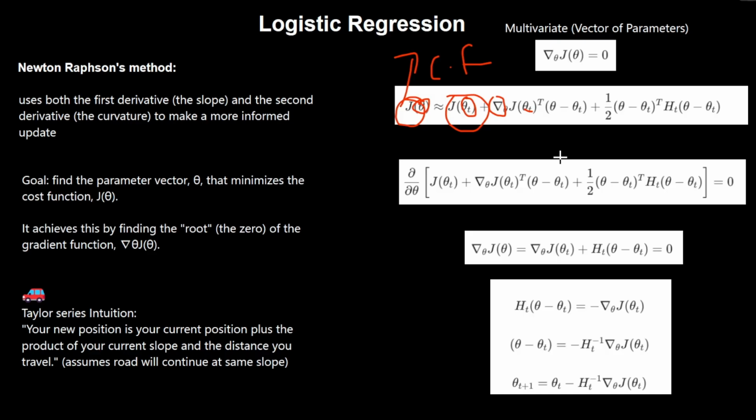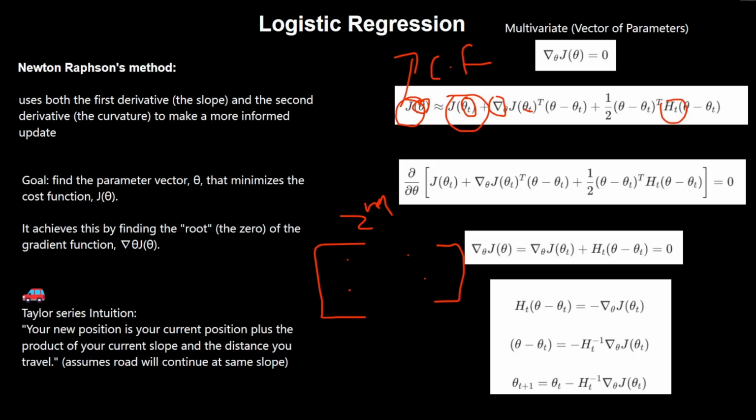Another constant here is H t, which is the Hessian matrix. The t represents that it is calculated at a known point theta t. This matrix has elements where every element represents a second order partial derivative of the cost function. So this gives the information about the curvature.